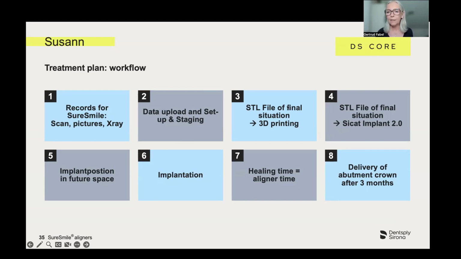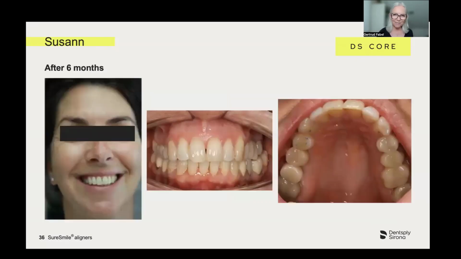In that case, we printed the final situation and used it for the implant guiding, implant placing, and healing time was the aligner time. So this is one of the advantages if you have more space. So this is the result. Happy patient, happy dentist, all fine.